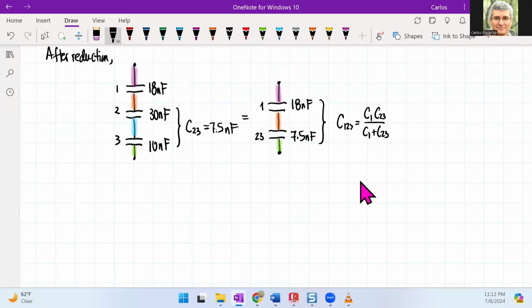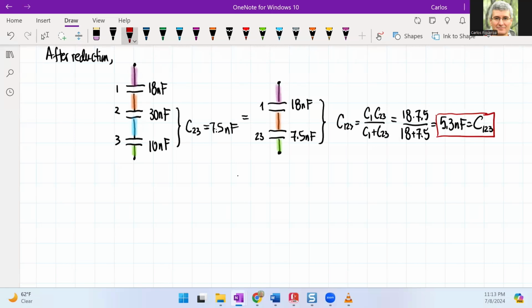If I plug in my numbers, this is 18 times 7.5 divided by 18 plus 7.5. When I compute that number, I get 5.3 nanofarads. This is the combination of 1, 2, 3. So now I have reduced those three into that circuit right there.